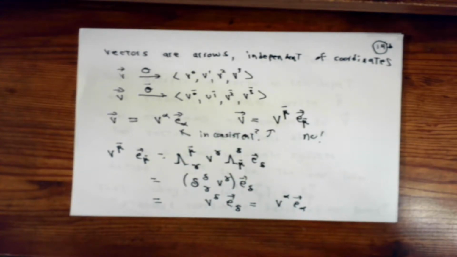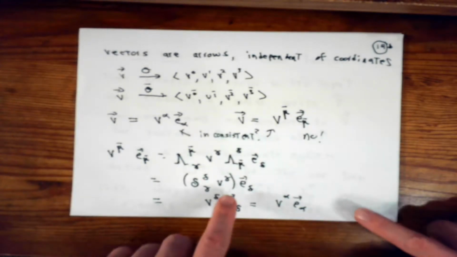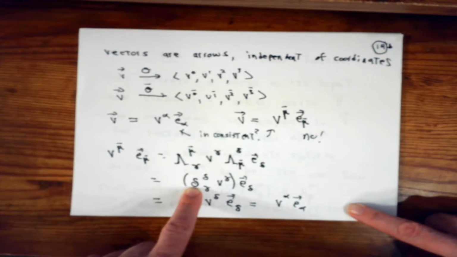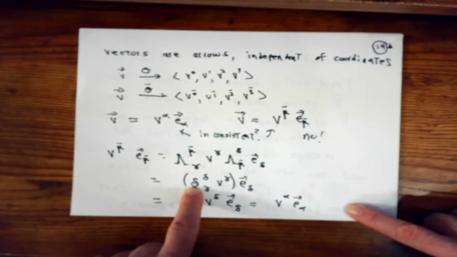If you use the fact that the Kronecker delta is 0, except when the indexes are the same, the only thing that's going to give a non-zero term is when little gamma equals little delta.